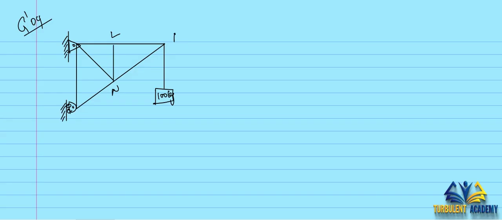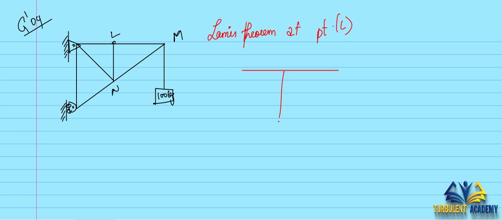M is there, and this has to be understood with the concept we know already. First let us apply Lamy's theorem at point L. If we start to apply Lamy's theorem, it will be very evident.